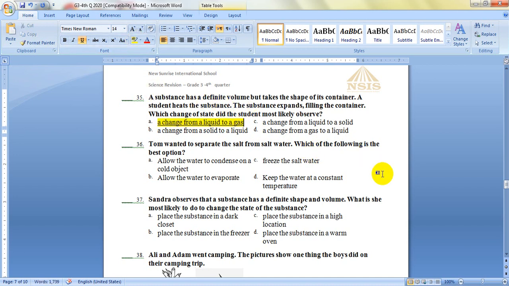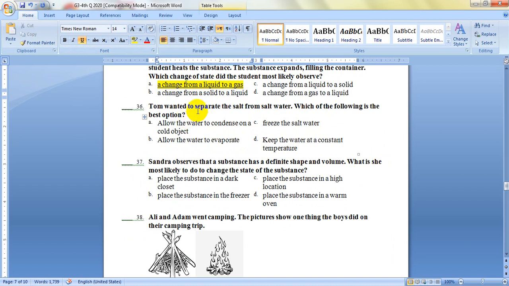The next question. Tom wanted to separate the salt from salt water. Which of the following is the best option? What should he do to separate salt from salt water? Allow the water to condense on a cold object.